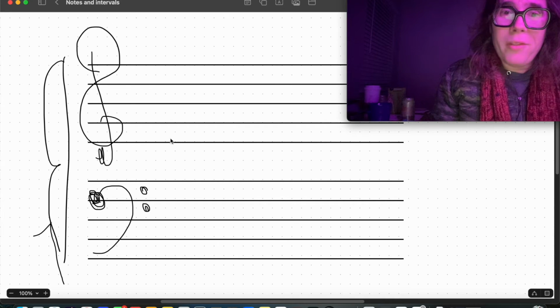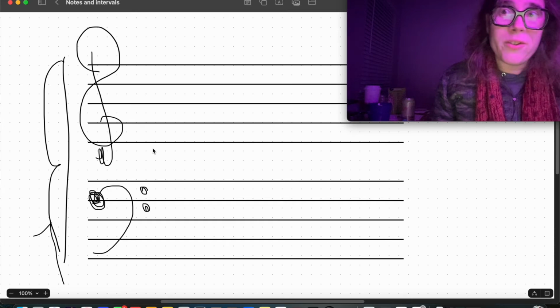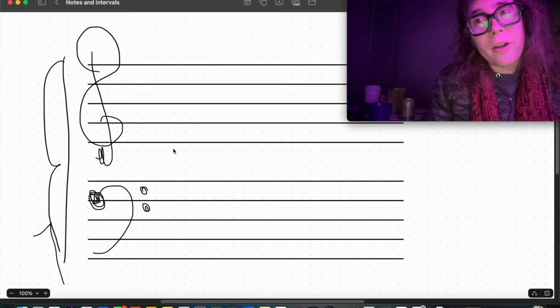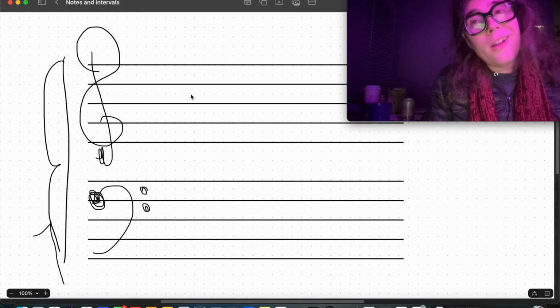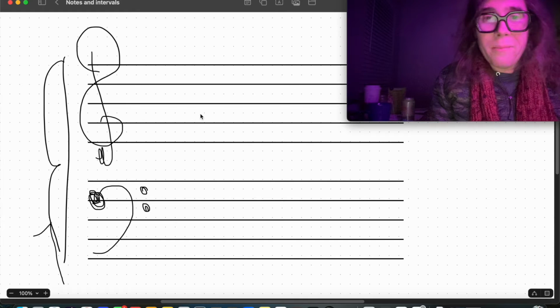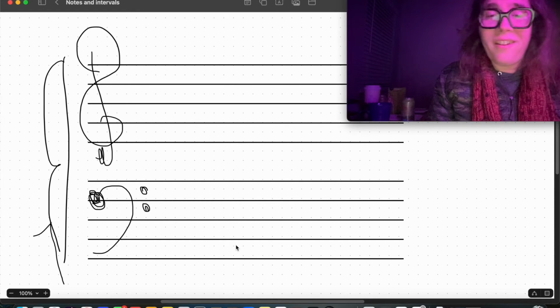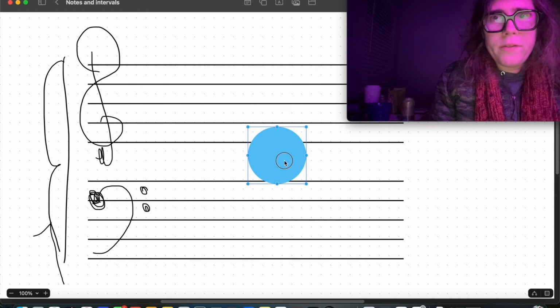Remember the spaces in treble clef up here. We're going to start in treble clef, spelling FACE, F-A-C-E, or every grizzly bear devours fries. We'll start there.